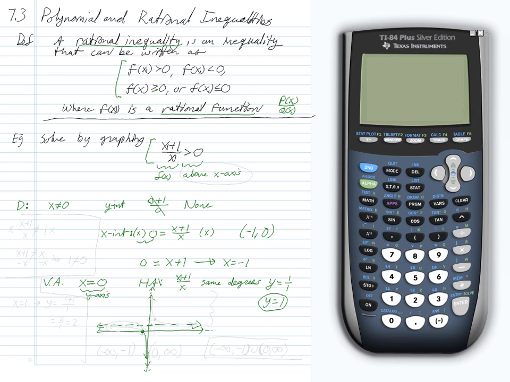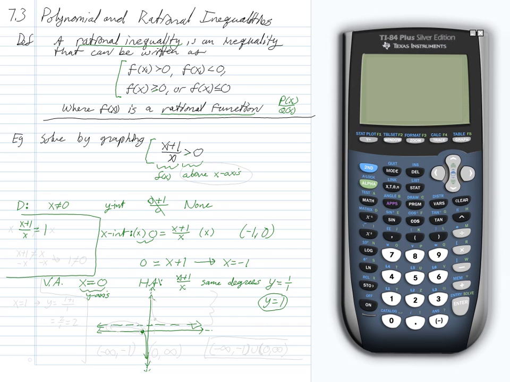Now, we haven't decided if this function crosses its horizontal asymptote. Let's do that really quickly. So remember, to do that, I'm going to set my function, x plus 1 over x, equal to the value of the horizontal asymptote, which is 1.